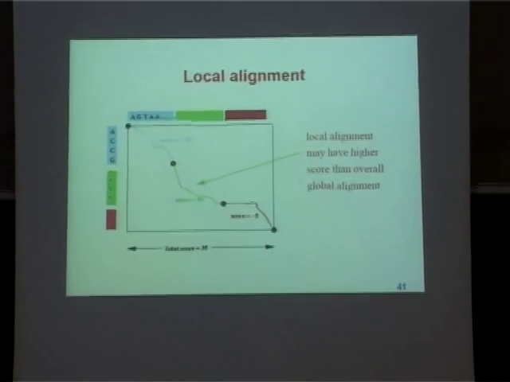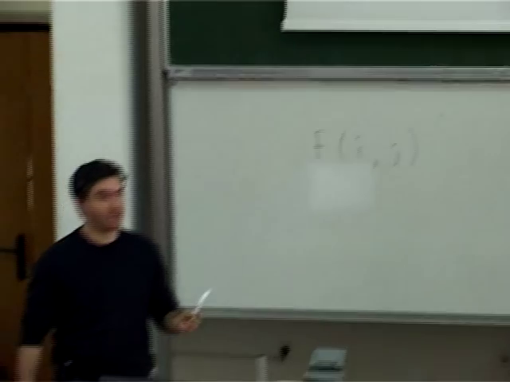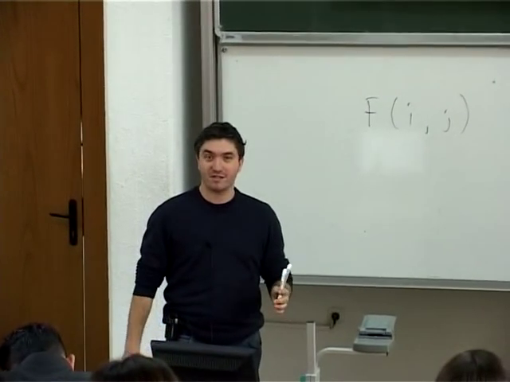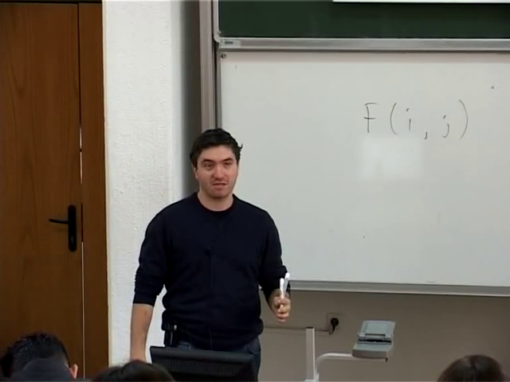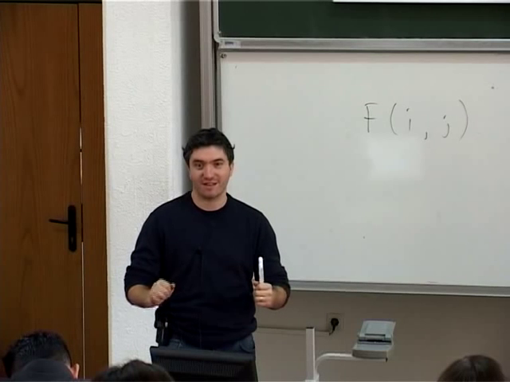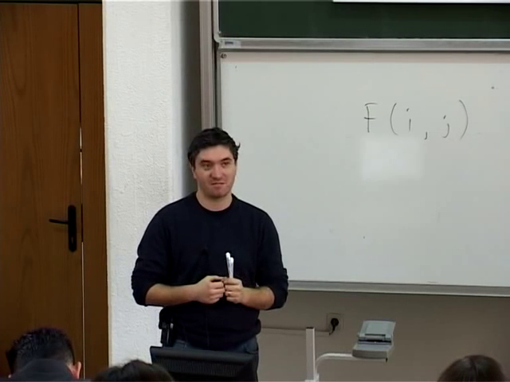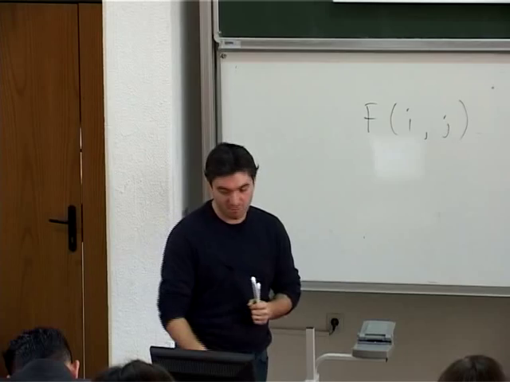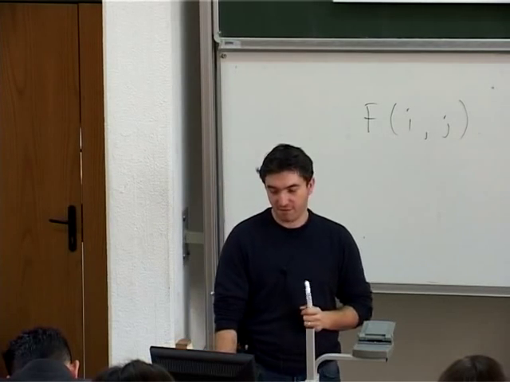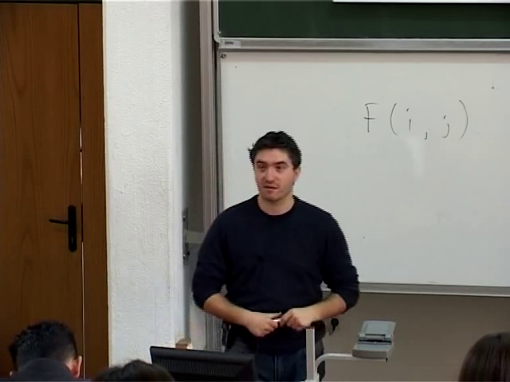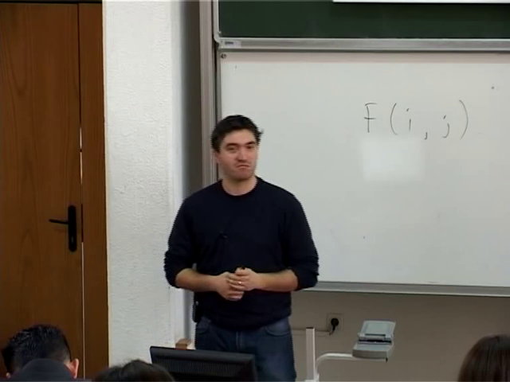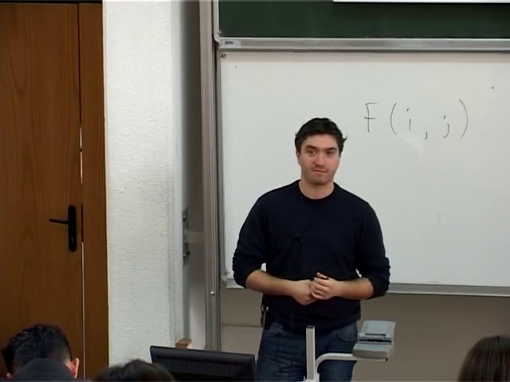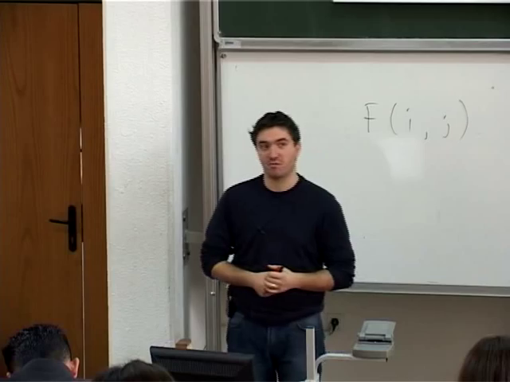We need a change in the dynamic recurrence relation which will allow us to start an alignment fresh at an intermediate point. So what modification would we have on the Needleman-Wunsch algorithm? What did Smith and Waterman propose?